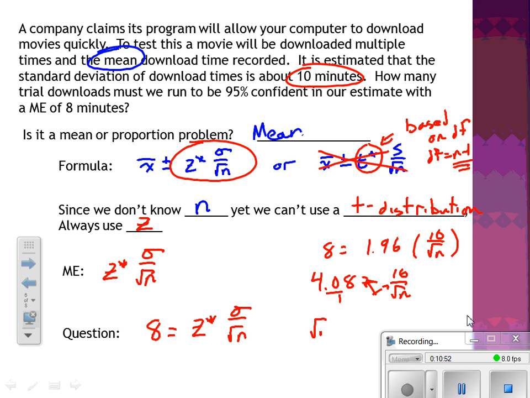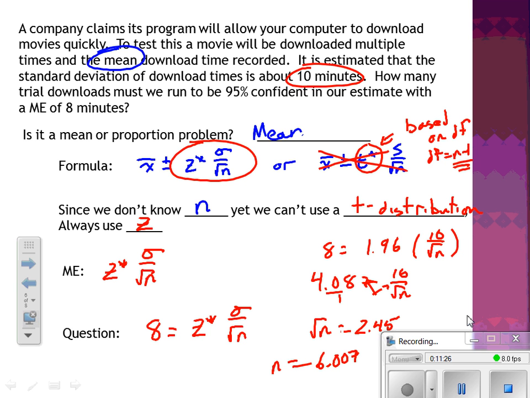So we'd end up with the square root of n equals 10 divided by 4.08. Sorry, I'm struggling with my calculator. So the square root of n is 2.45, which means n equals, square that, 6.007. This is very, very close to 6.